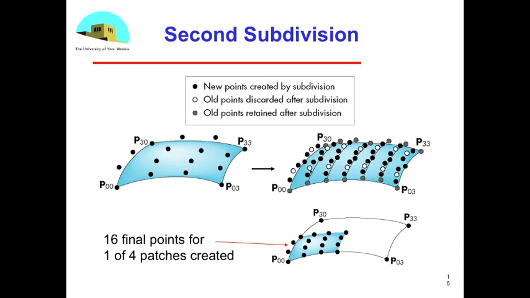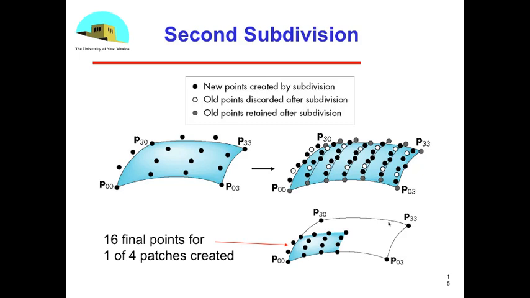But if I look just at this corner and what's left, I have 16 points that are the control points for this Bezier patch on the left, and likewise the repeated points here plus these other black points at the bottom right are 16 points for a Bezier patch on this smaller patch, likewise for the upper left and upper right points.